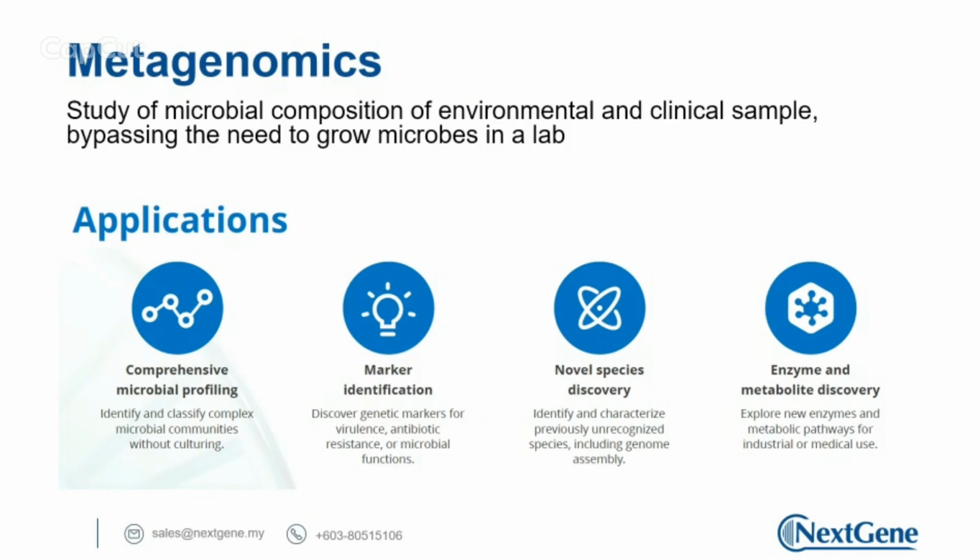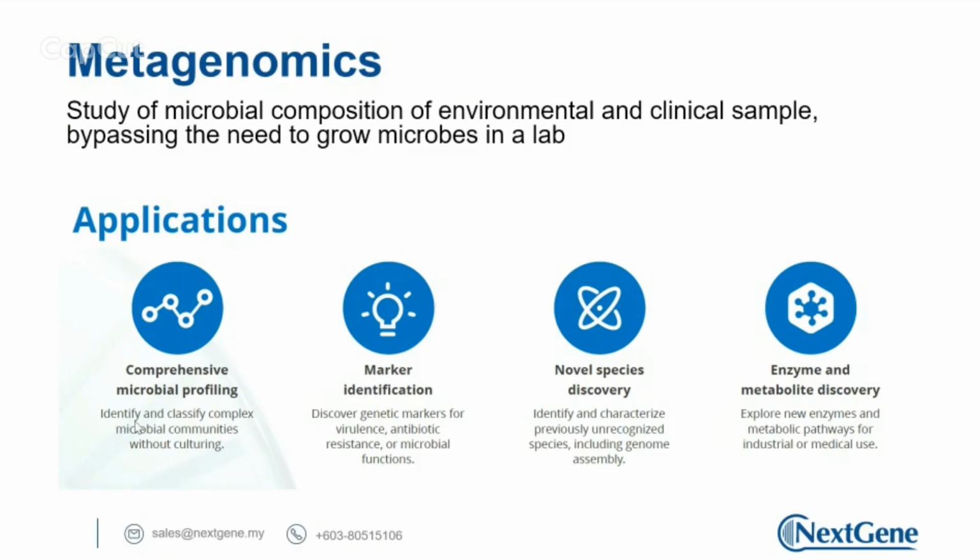Metagenomics is the study of these members inside the environmental or gut samples, to see who they are, and ultimately to know what they are doing inside the samples or environments. Normally we try to understand the microbial profiling.